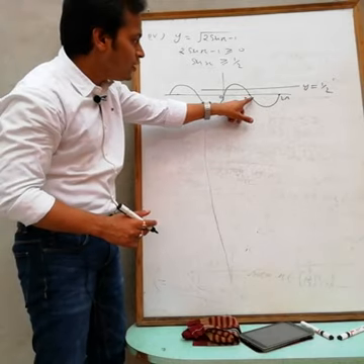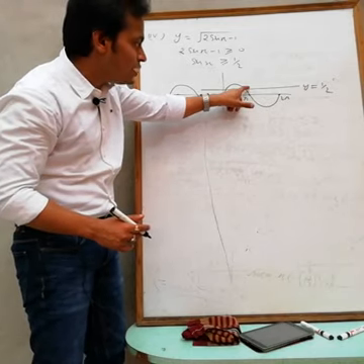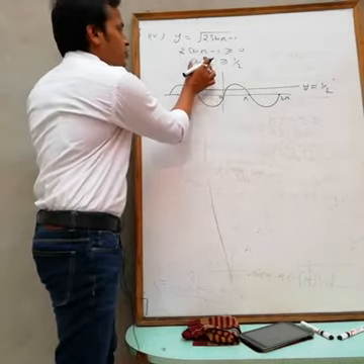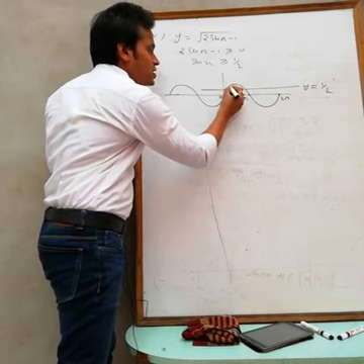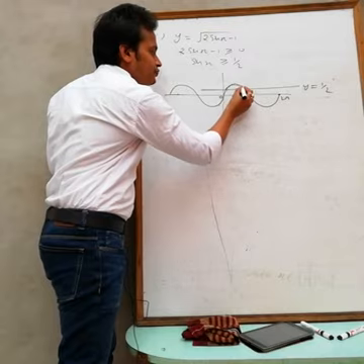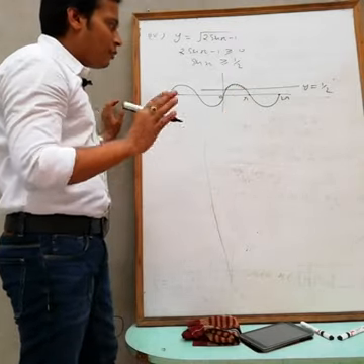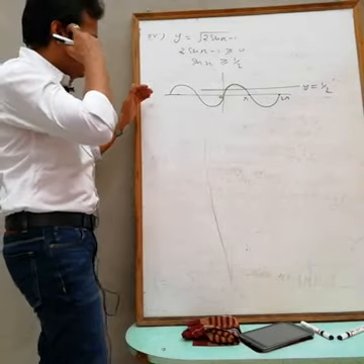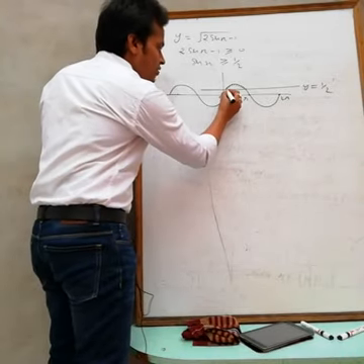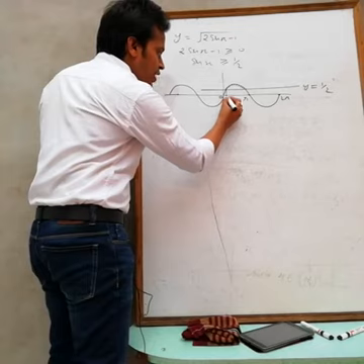If you take this value of sine x, it is less than 1 by 2. So we can take only these values of sine x. I am taking one interval from 0 to 2 pi. Now here, what is the value of x? That is pi by 6.